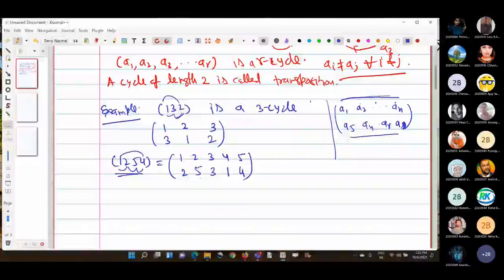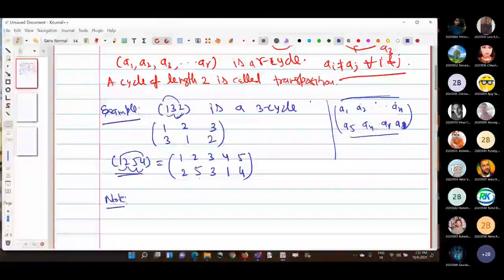Note: the symbol, that is 1 2 3 4 or a1 a2 a3 a4, whatever you feel like you can use.